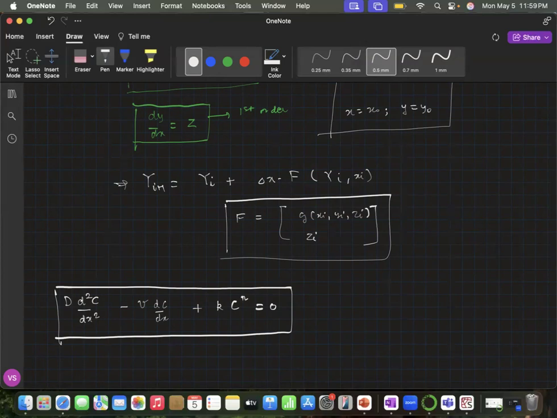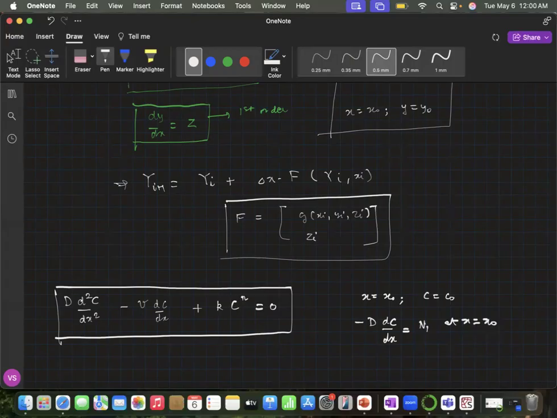And let's say we specify the concentration at x equal to x naught and the flux at x equal to x naught. Let's just specify the flux: dc over dx equals some given flux n1 at x equal to x naught.